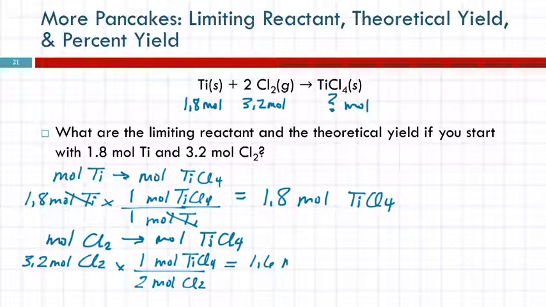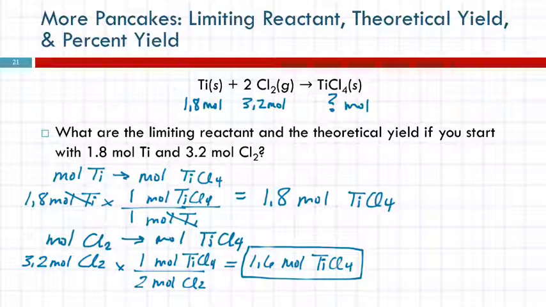Do the math, I get 1.6 moles of TiCl4. How many moles of TiCl4 can I make? 1.6. It's the smaller one.